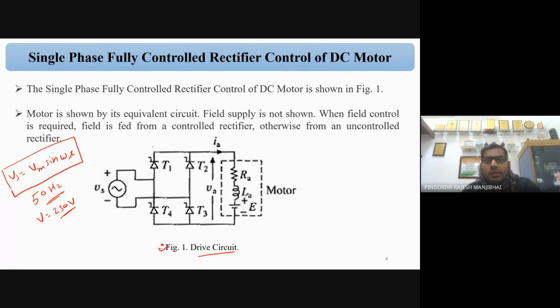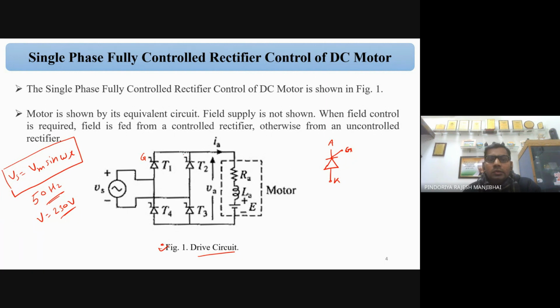And the topic is fully controlled. Whenever we say fully controlled, it means there is a gate circuit. You can see this is the gate terminal, the symbol of the thyristor, with gate, anode, and cathode. We control the supply voltage by controlling the gate terminal, which is a controllable terminal.